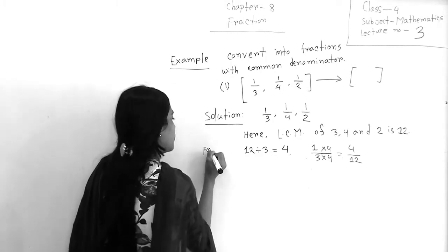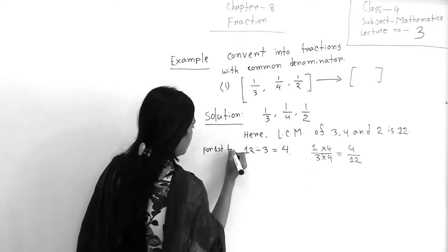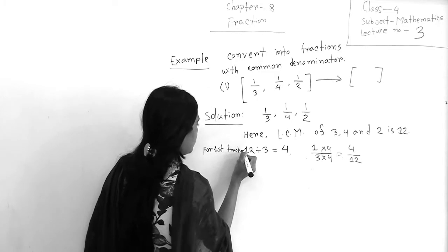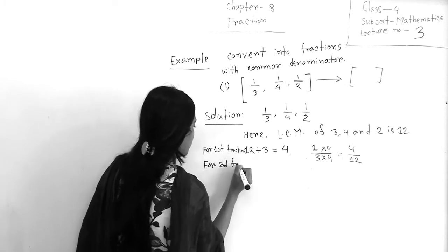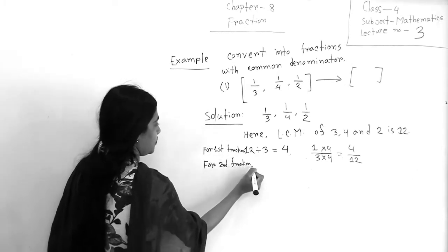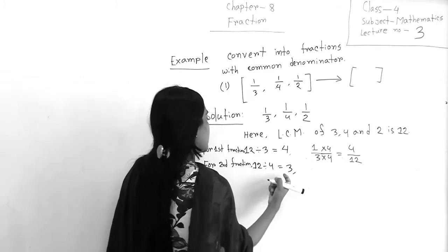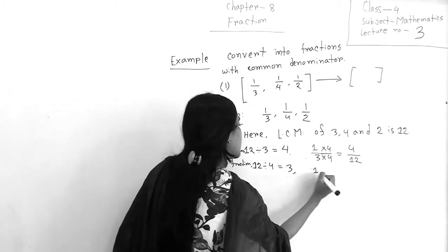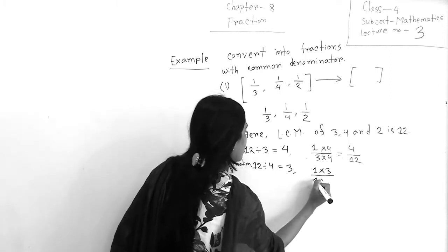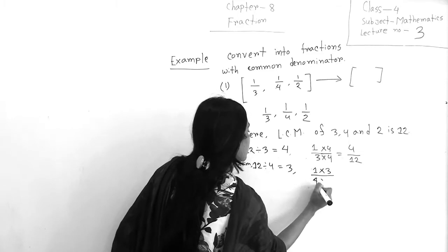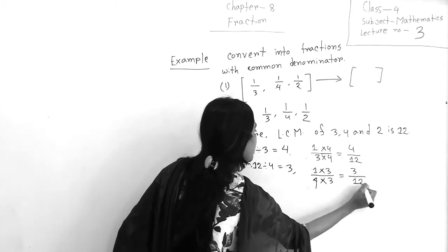For first fraction. For second fraction, 12 divided by 4, get result 3. This 3 is multiplying both numerator and denominator and get result 3 divided by 12.